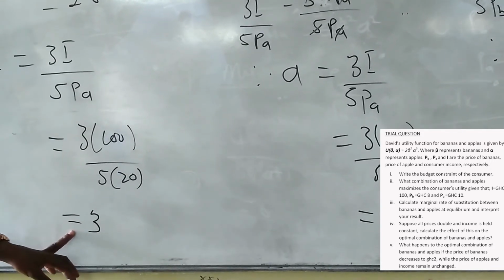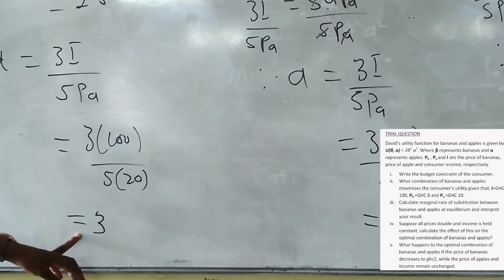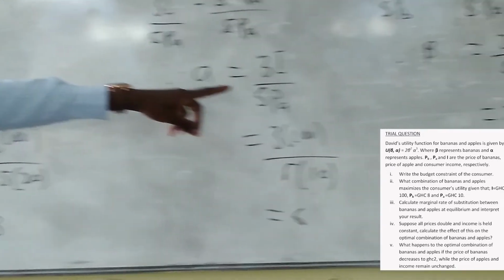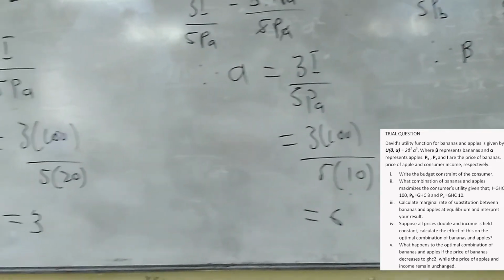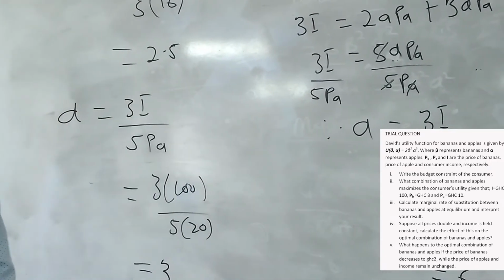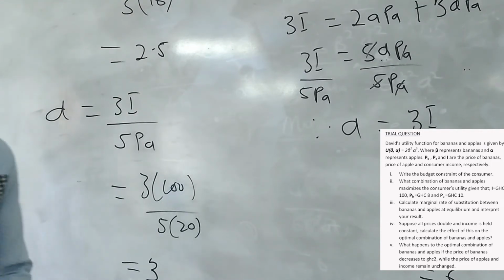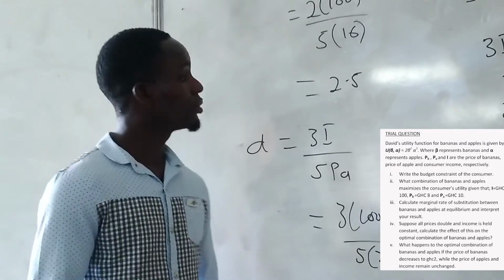So the income is still the same, 2 bracket 100 Ghana cedis, all over 5. Now the price of beta has increased to where? To 16 cedis. And what is happening here is that we are going to consume 2.5.